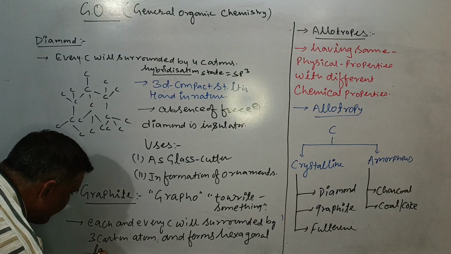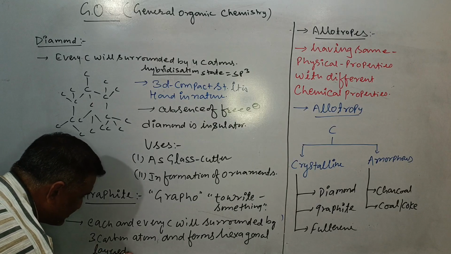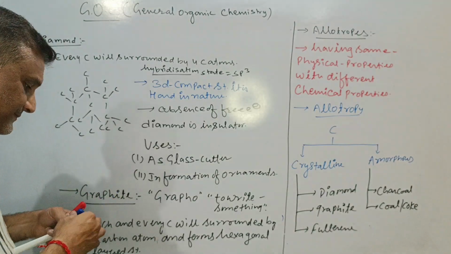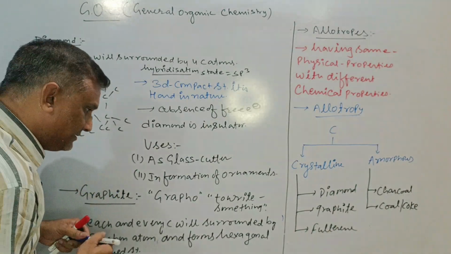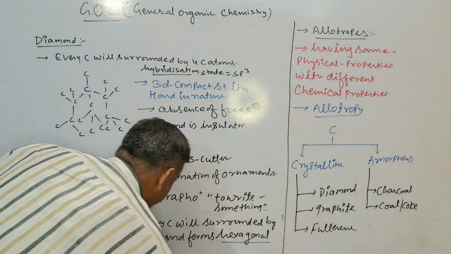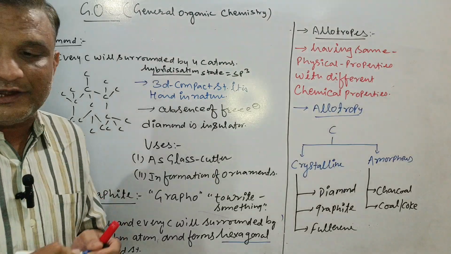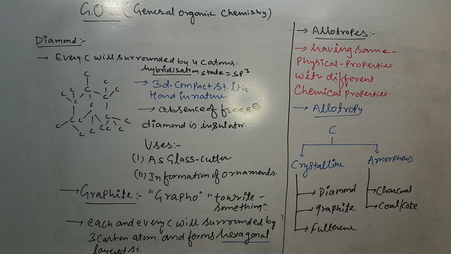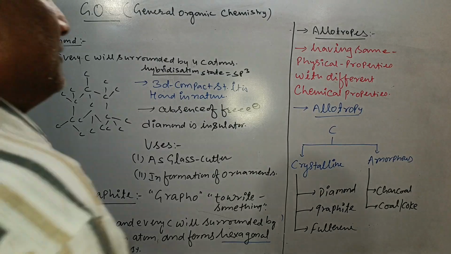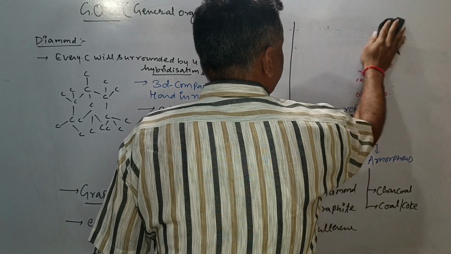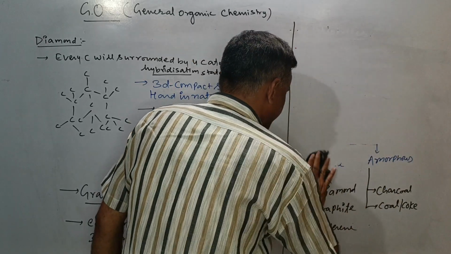It forms a hexagonal layered structure. This is very important. What is the meaning of hexagonal layered structure? We'll discuss over here. This is the graphite.